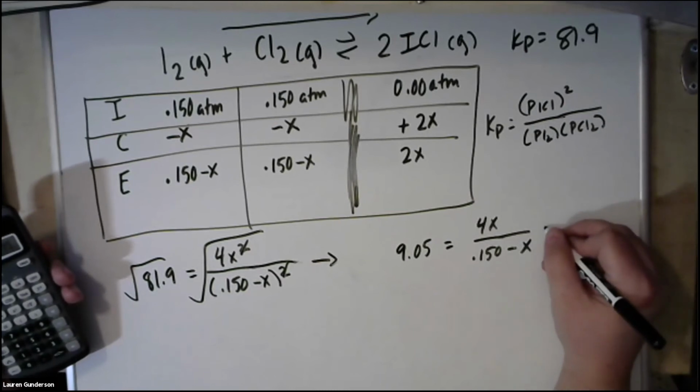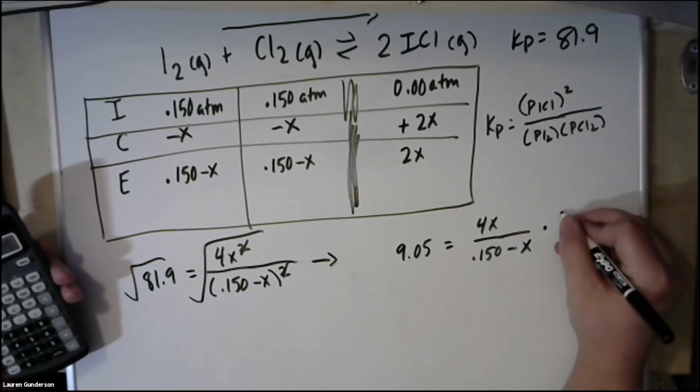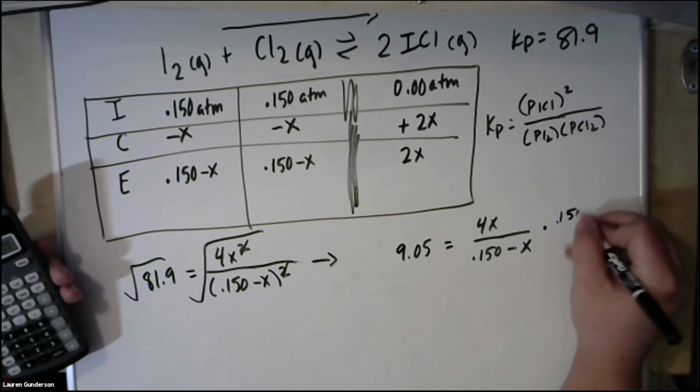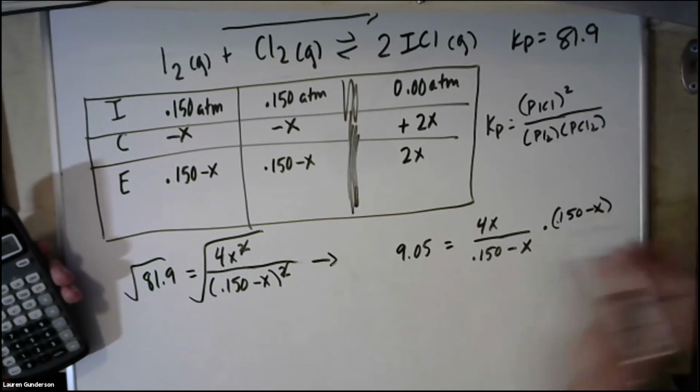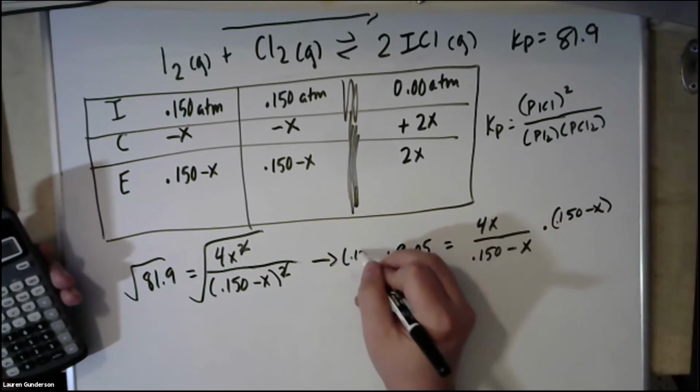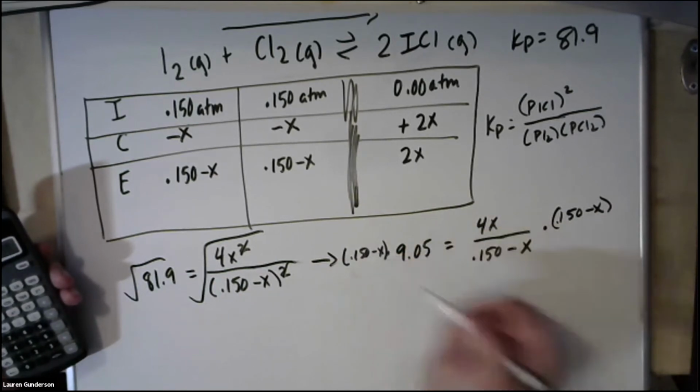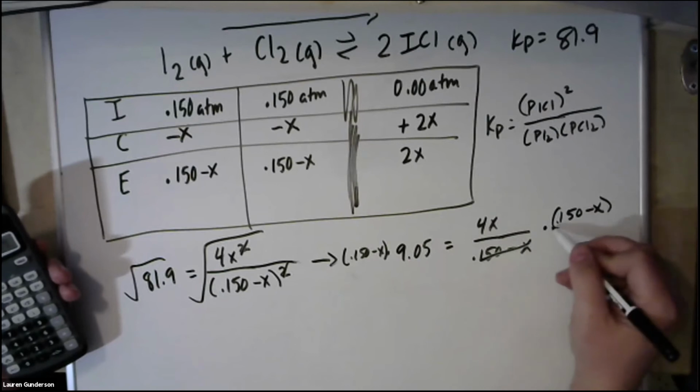Okay, so to solve this, I'm going to multiply both sides by 0.150 minus x. Okay, so we can get rid of it from this side.